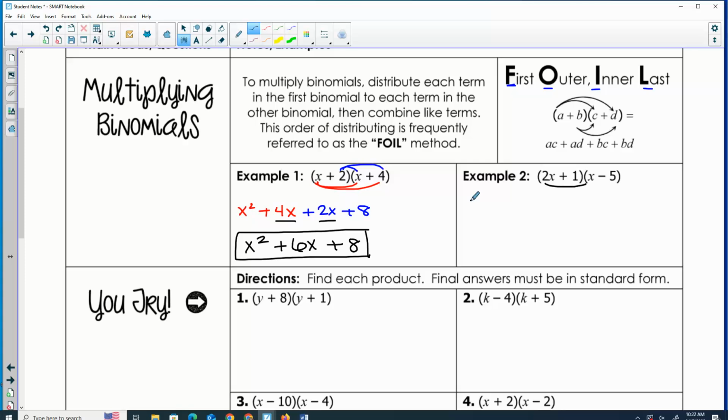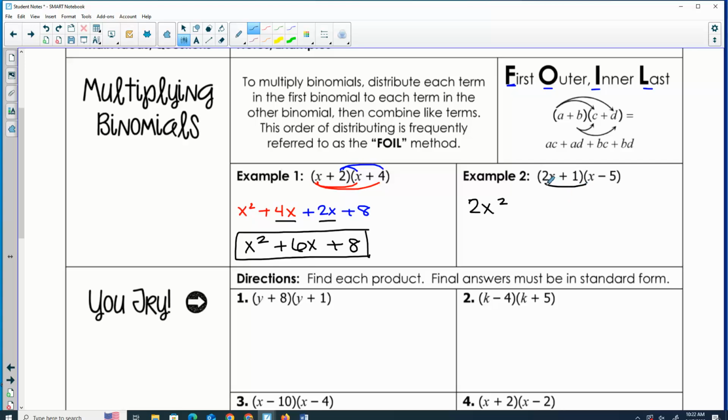What do you get when you take 2x times x? I have to start calling on people. Nicole, what's 2x times x? 2x squared. Yep.